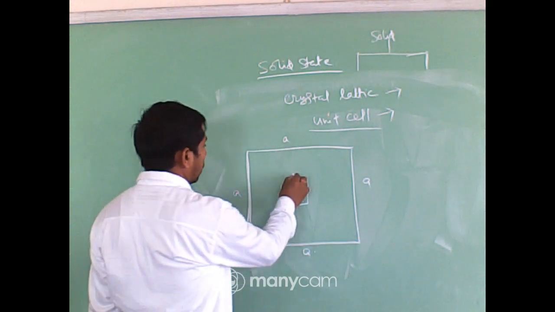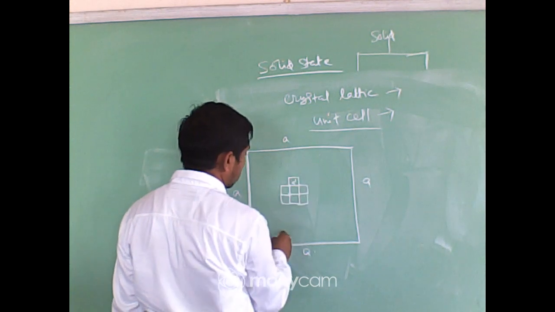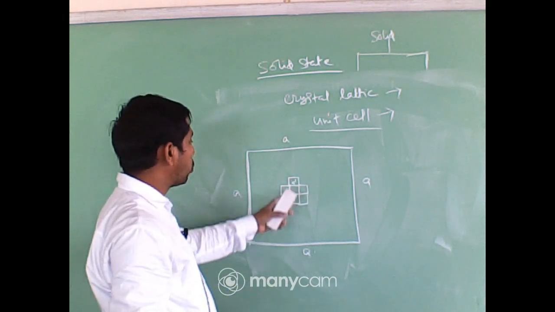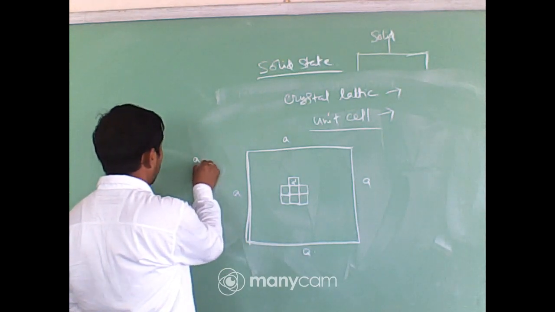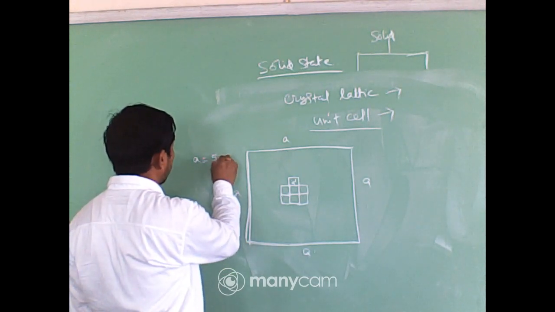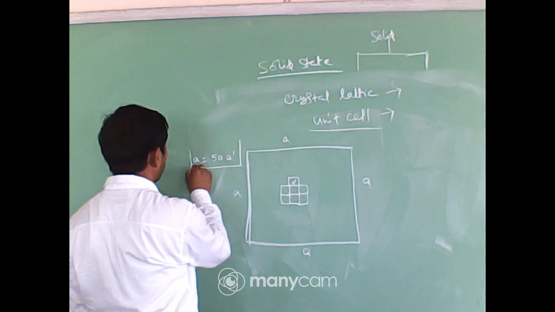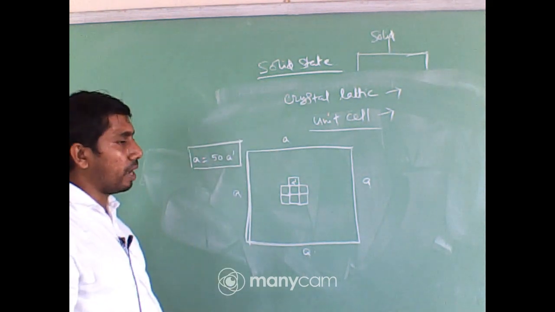The length of this is A dash. Suppose A equals 50 A dash.